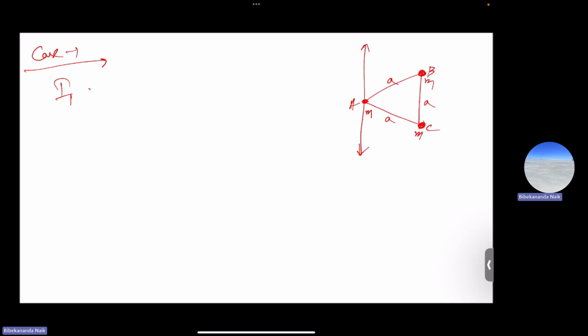The moment of inertia will be the summation over i of M_i R_i square, so I_A plus I_B plus I_C. I_A will be 0.